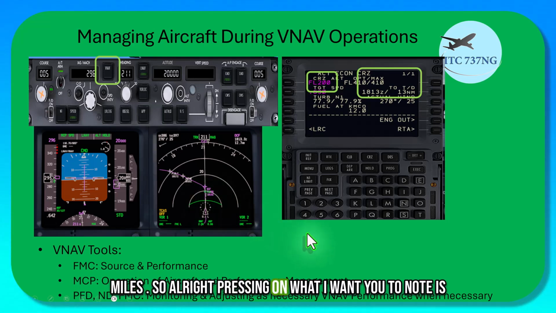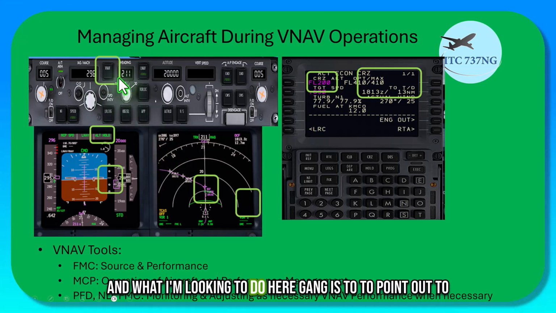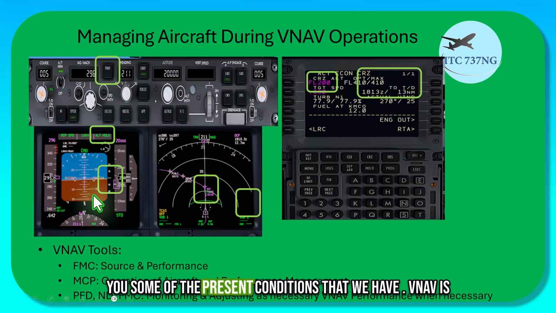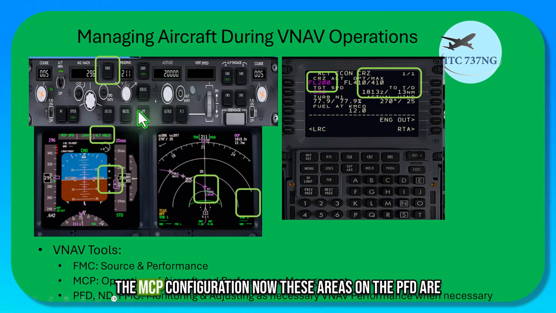All right, pressing on, what I want you to note is that we're in altitude hold. We're going to select VNAV, and what I'm looking to do here, gang, is to point out to you some of the present conditions that we have. VNAV is not engaged at this point. We're in altitude hold, which is the mode control panel configuration.